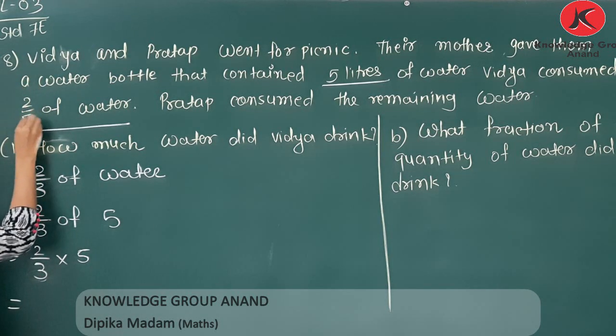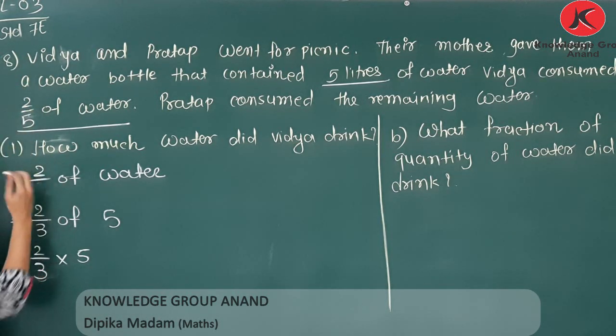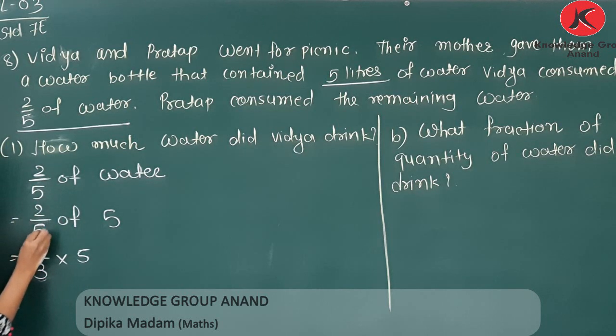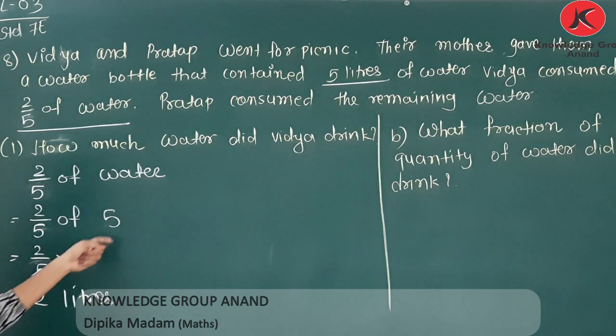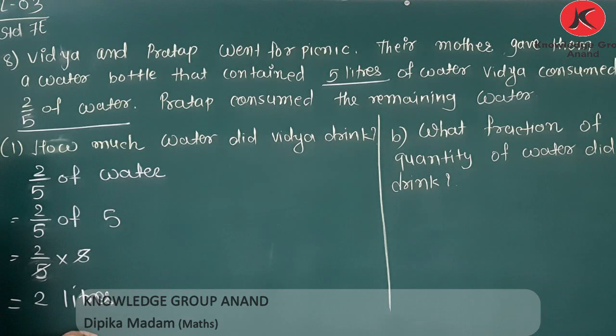So we can write 2 by 3 of 5. 3 will be cancelled out. So it is 2 liters. Means from total 5 liter water, 2 liters drunk by Vidya.